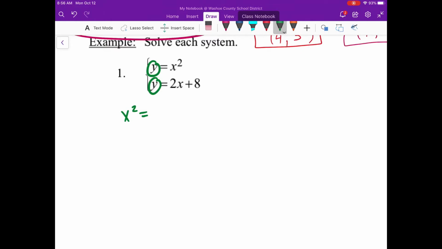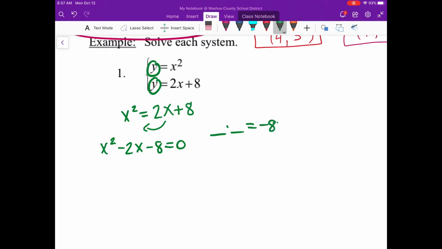So setting these equal to each other. Then I want to move everything to one side of the equation. So I'm going to move these to the left by subtracting them, which gives me x squared minus 2x minus 8 equals 0. I am again here with a quadratic, so you are going to need to factor.